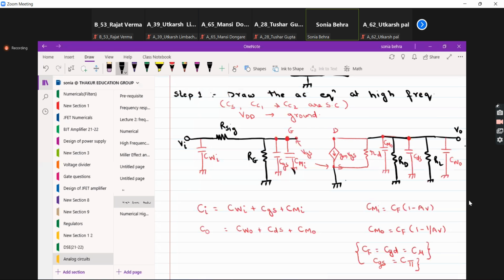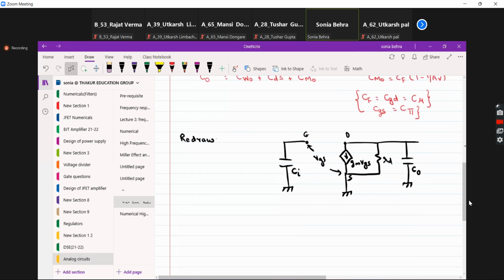और क्या है? यू हैव RG एंड यू हैव R सिग्नल विच इज गोइंग टू इनपुट. तो वो ड्रॉ कर दो. सो वी हैव RG फ्रॉम योर गेट, रेजिस्टेंस RG, एंड वी हैव R सिग्नल, and this is your VI.